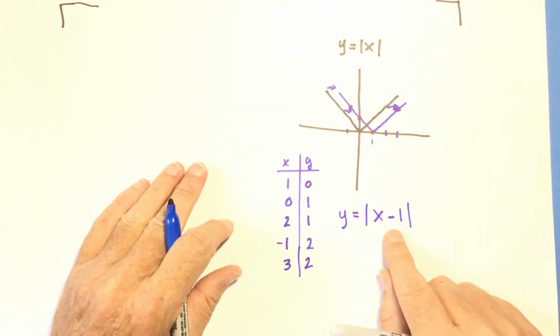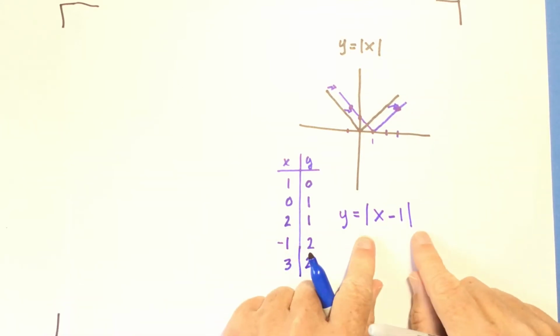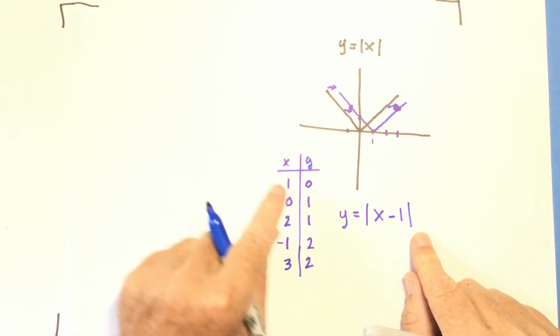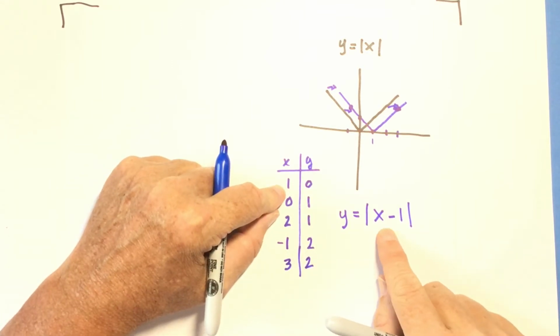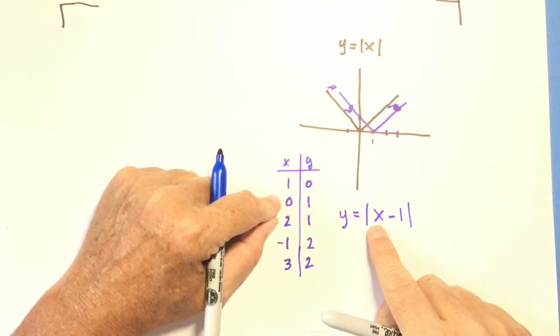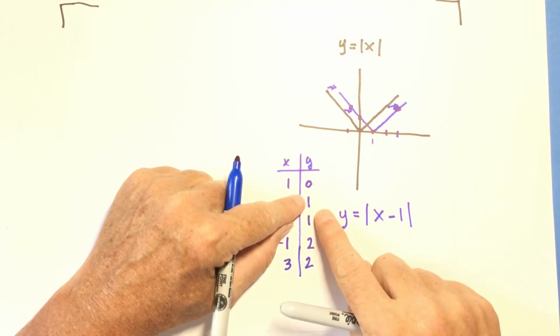If I subtract 1 from my x value before I apply the absolute value function, then I will get these values. If x is 1, 1 minus 1 is 0, so y equals 0. If x is 0, 0 minus 1 is negative 1, but the absolute value makes it a positive 1.